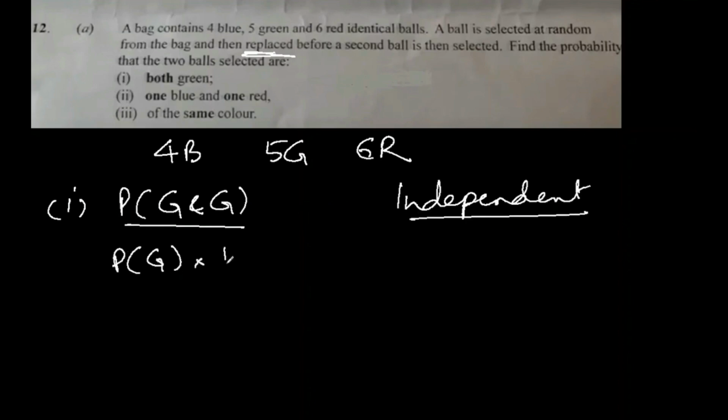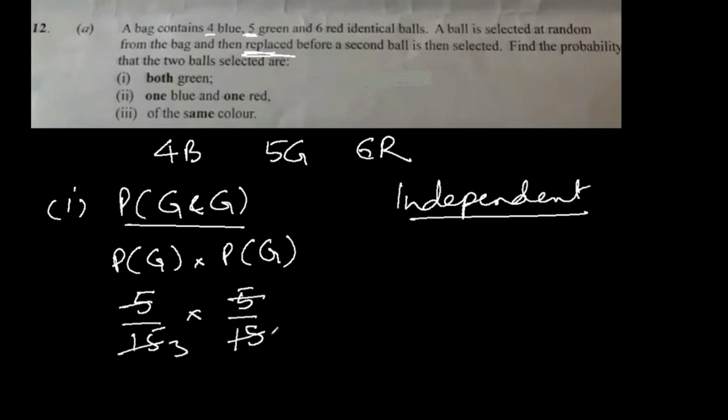And that's how it is, both greens. So what is the probability of green? So there are 5 green out of 4 plus 5, 9 plus 6, 15. 5 greens out of 15, and that's the probability of a green ball. Since the ball has been replaced back, again the same probability, and we can cancel them. So the answer is 1 over 9.